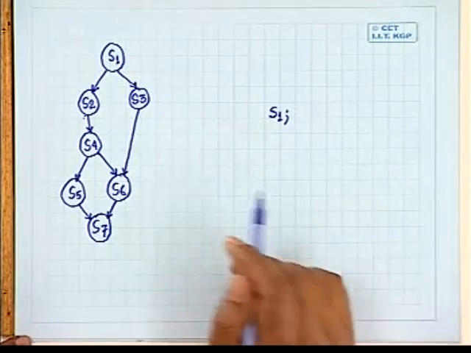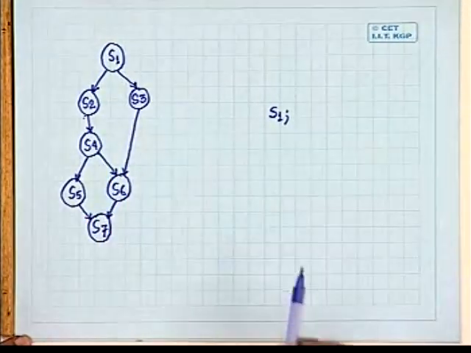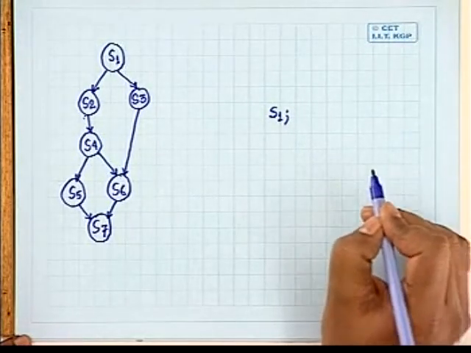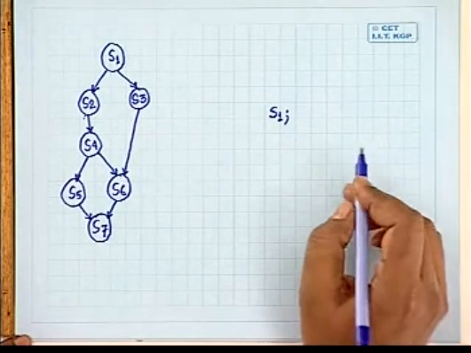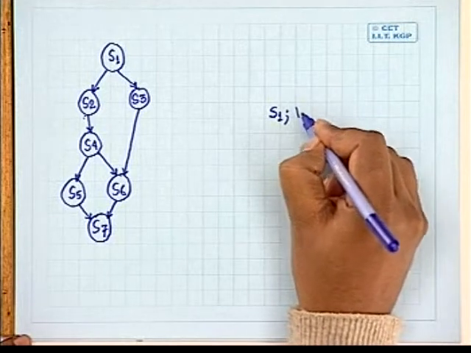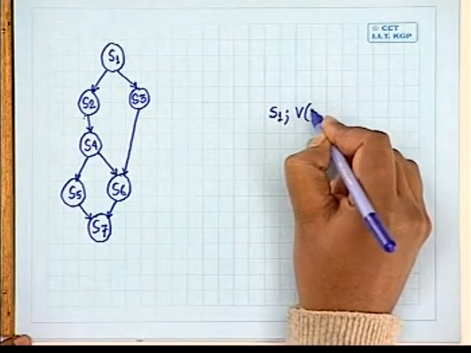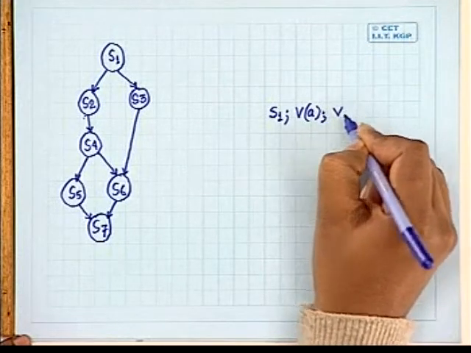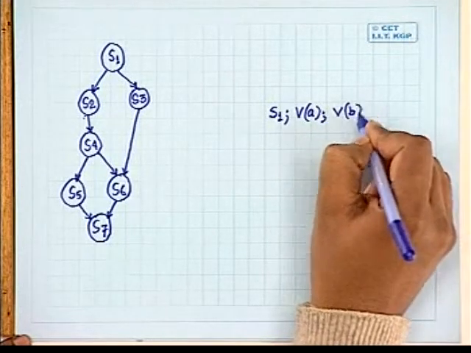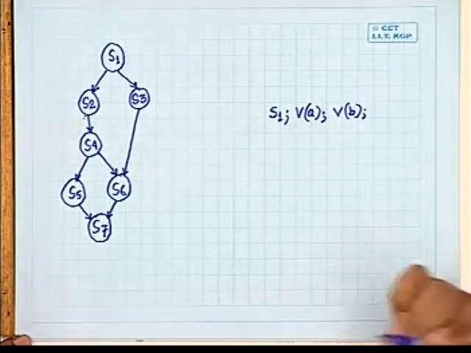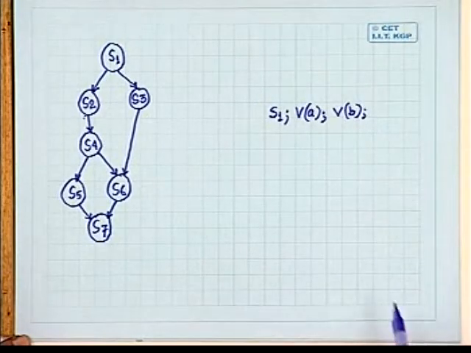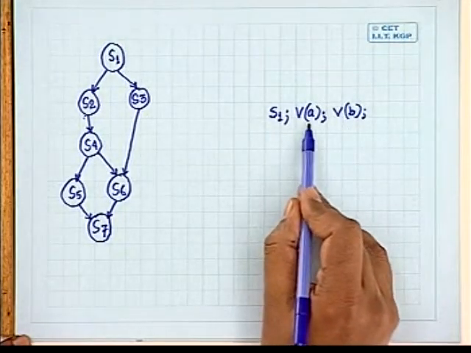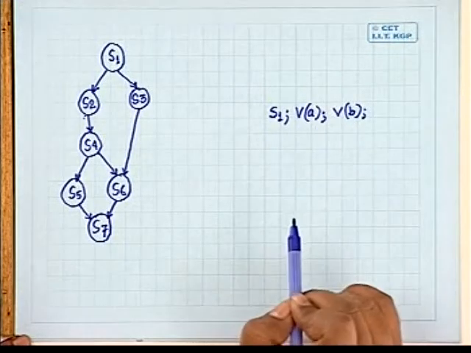Okay. So let me use two semaphore variables at this point, say semaphore variable A and semaphore variable B. So after completion of S1, I'll perform V(A) operation. I'll also perform V(B) operation.